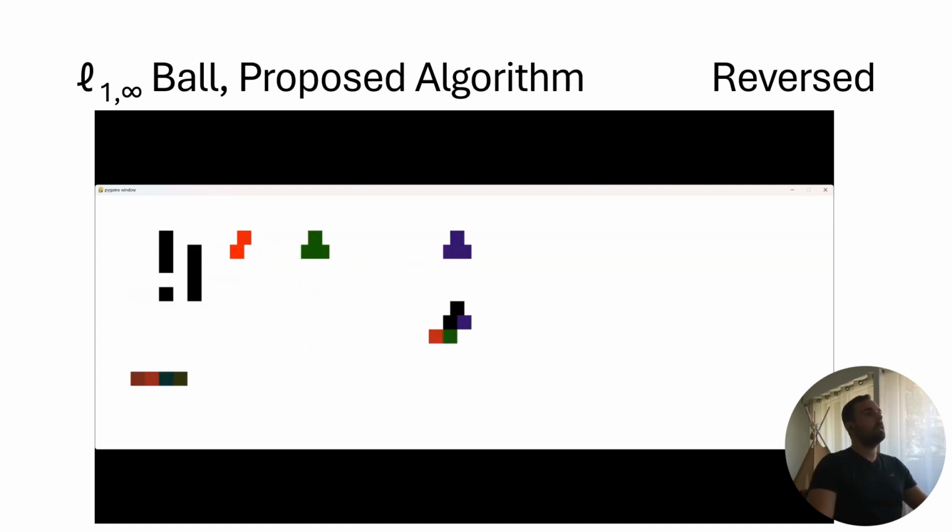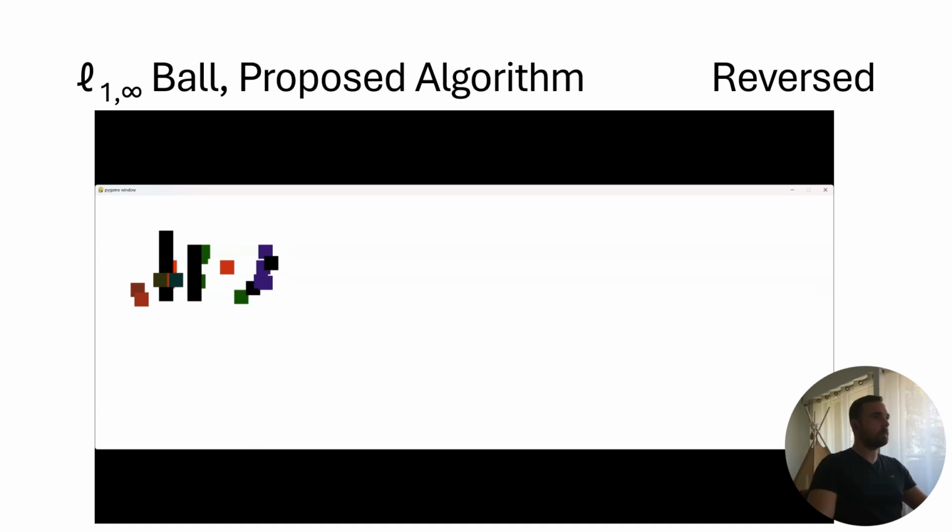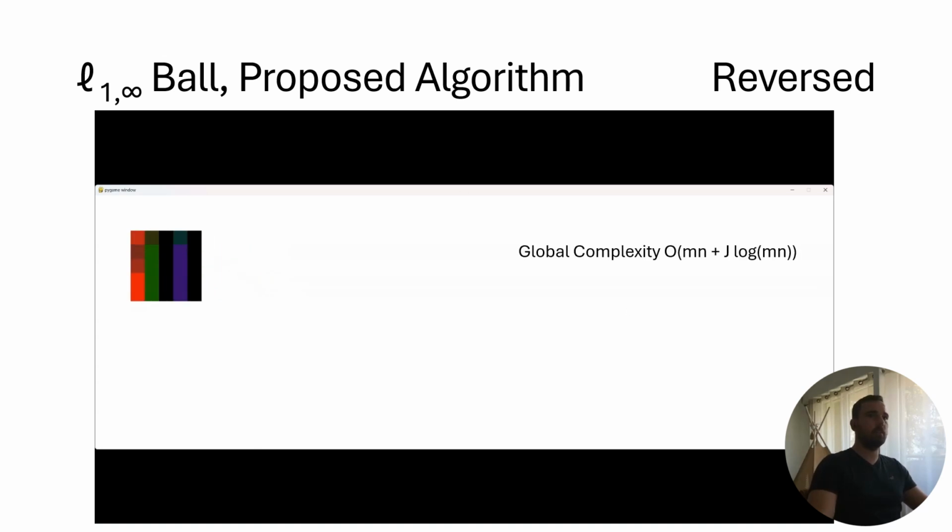So this means that the number of iterations of our algorithm is going to be something that we call j here, and the complexity of our whole process is going to be mn plus j log mn. So this is in fact exactly the same complexity as the previous algorithm, except that we have j here instead of k.